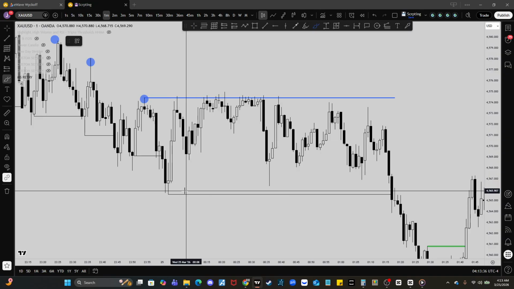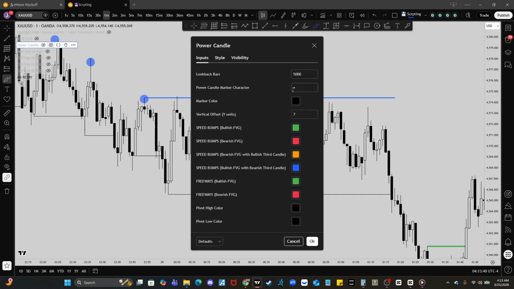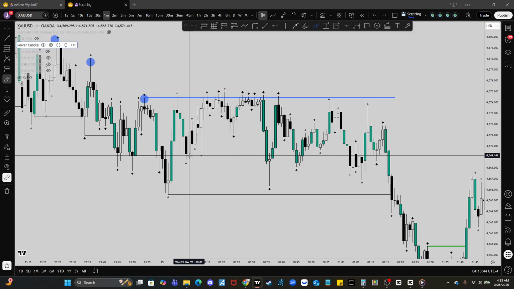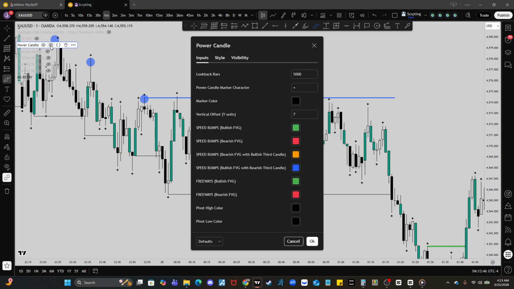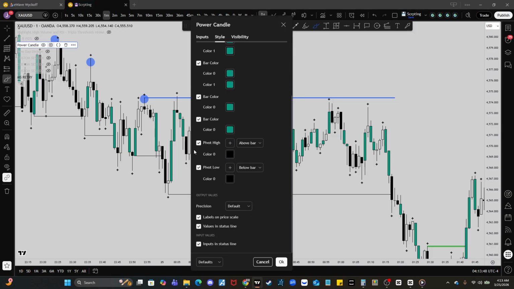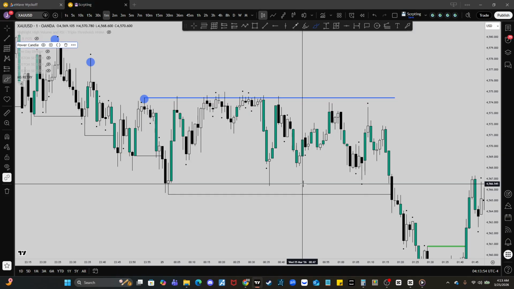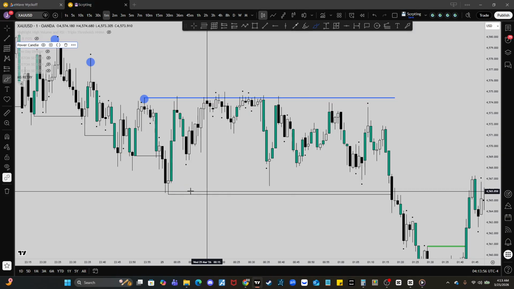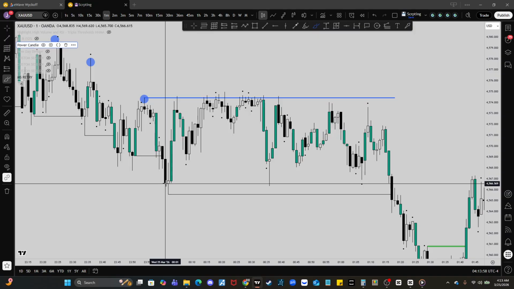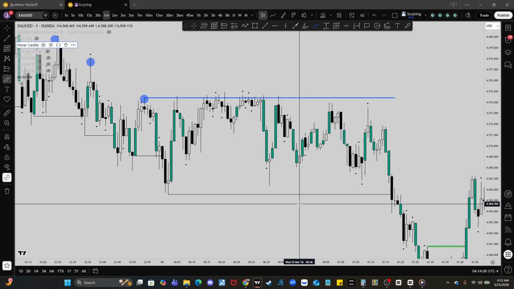So the lowest one is, let me get this so I can see better. Okay. So the lowest one actually is this white candle. This white candle is the lowest one, right?